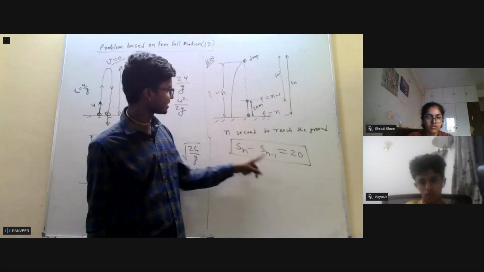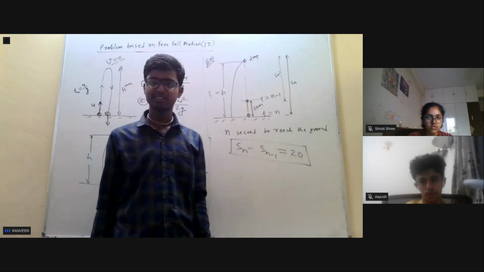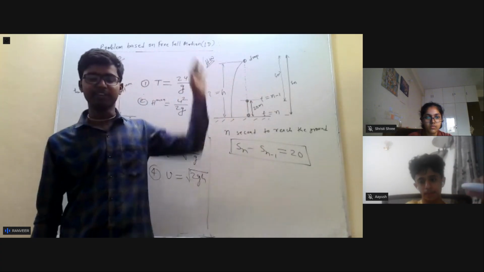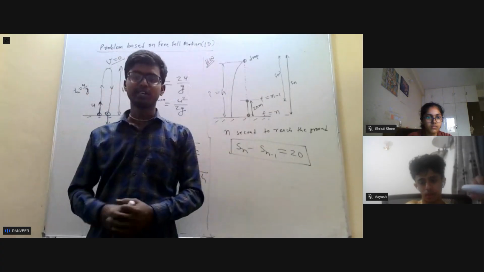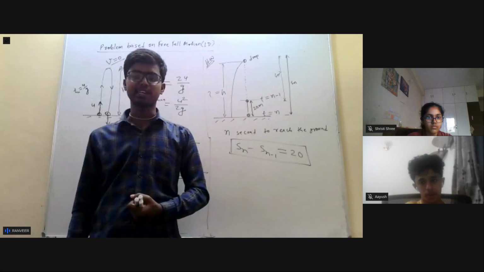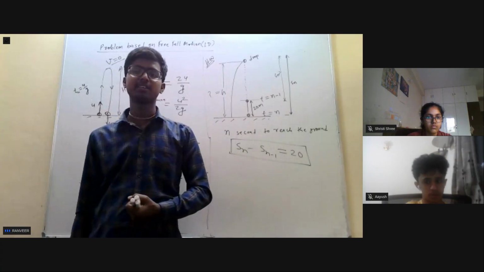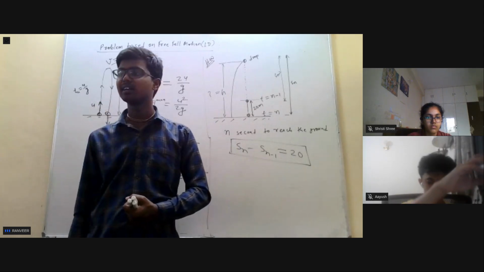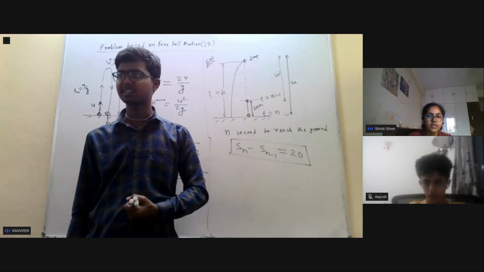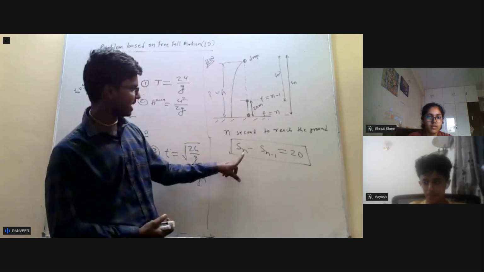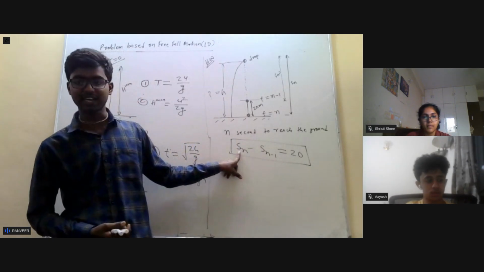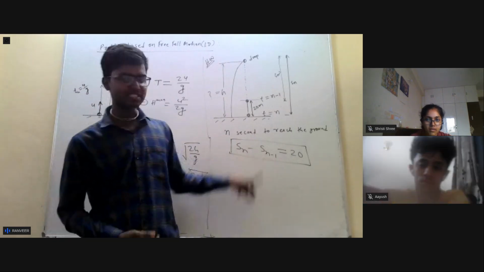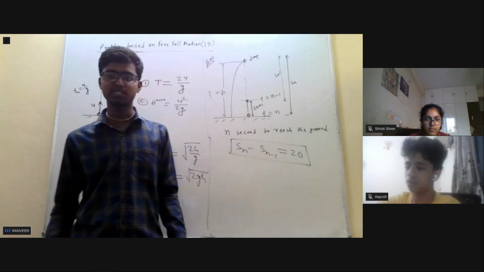We'll get the distance traveled in the last second. For example, if it takes 10 seconds, we calculate the distance traveled in 10 seconds and subtract the distance traveled in 9 seconds. We get the distance traveled in the last second. So I have written: distance traveled in n seconds minus distance traveled in n minus 1 seconds.